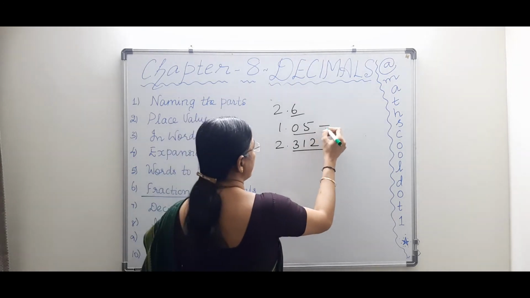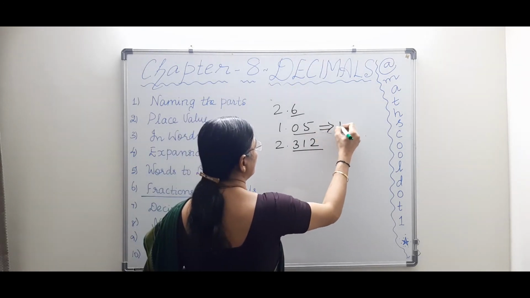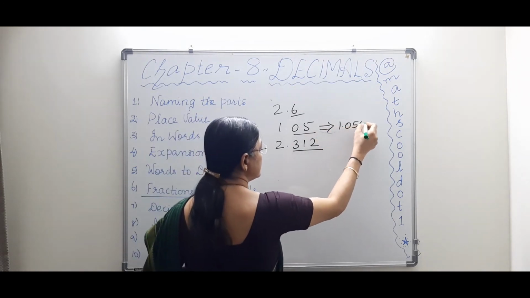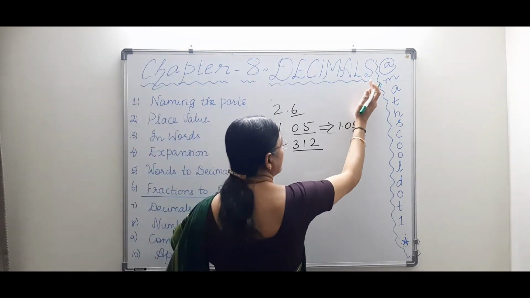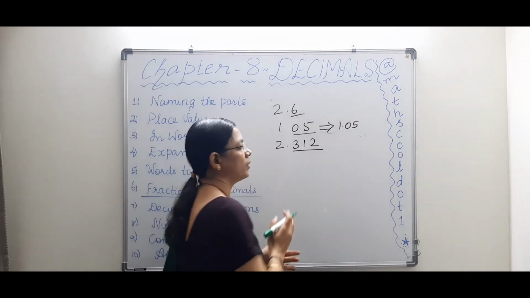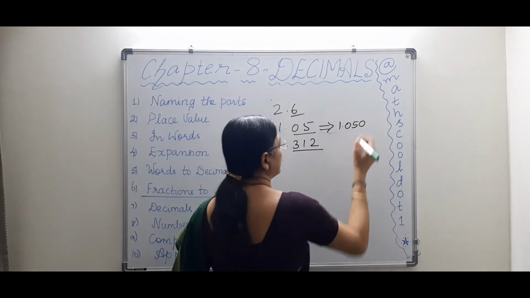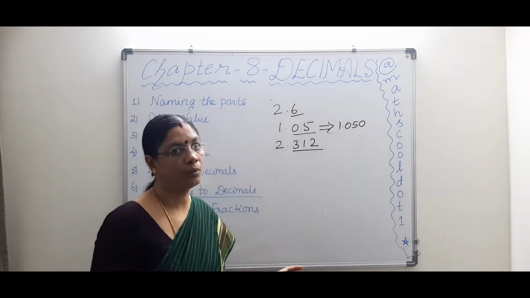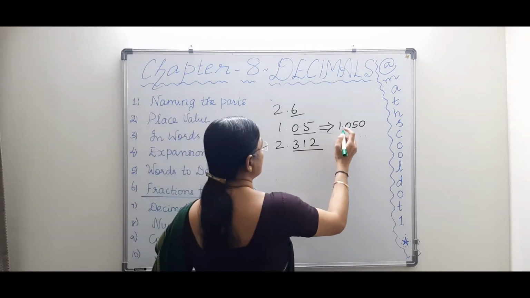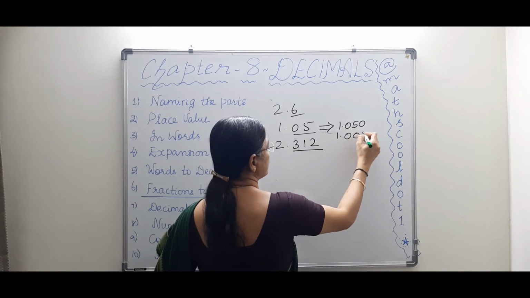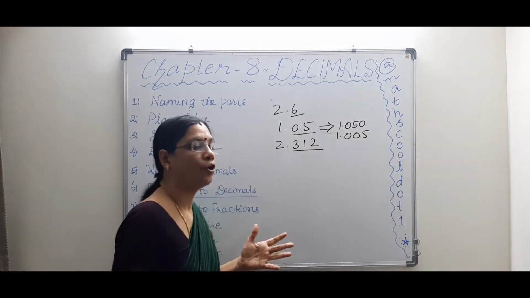So this can be converted to 1.050. You just add a 0, it becomes 3 digits after the decimal place. But without 0 also this is equal to 1.05, and with 0 also this is equal to 1.05. So the number doesn't get altered. Okay, so please do not write it like 1.005, that is absolutely wrong.